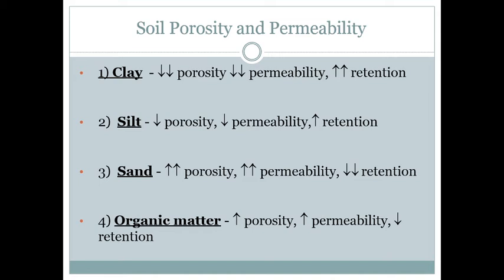For the different types of soil, if you are to determine the porosity and permeability, the clay has lower porosity and lower permeability. So in terms of water retention, it is higher in clay. For silt, the porosity and even the permeability are still lower, but retention is still relatively high. For sand, the porosity is very high and the permeability is also very high.